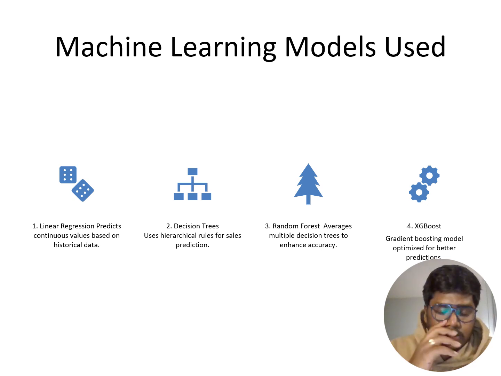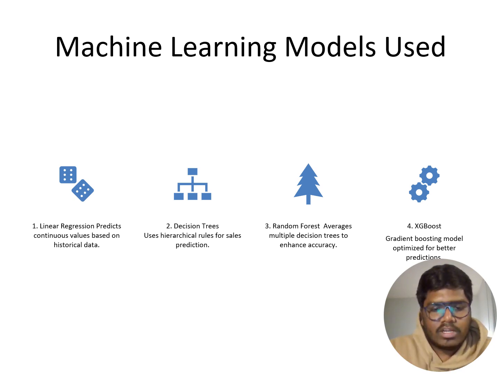Linear regression predicts continuous values using historical data, and decision tree is a rule-based hierarchical structure for making predictions. The random forest is an ensemble of multiple decision trees for improved accuracy. XGBoost is a gradient boosting algorithm optimized for structured data.